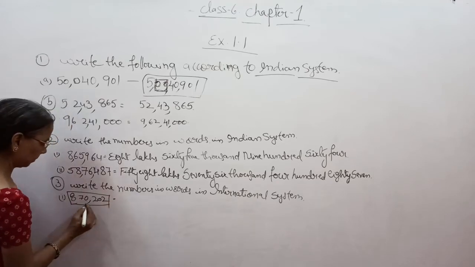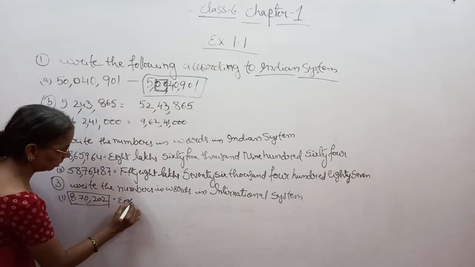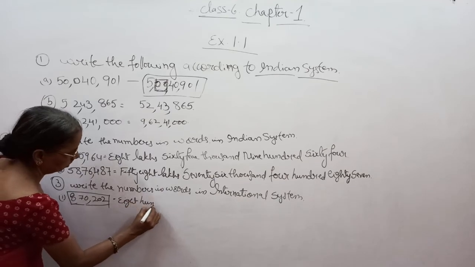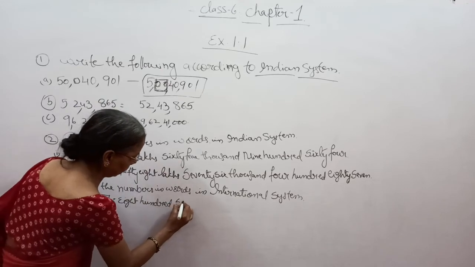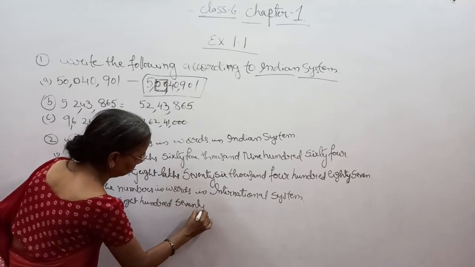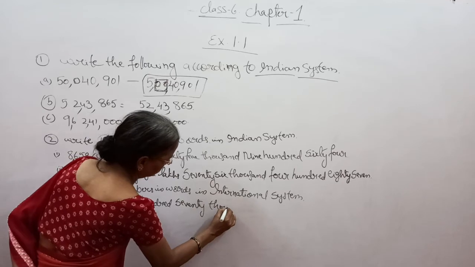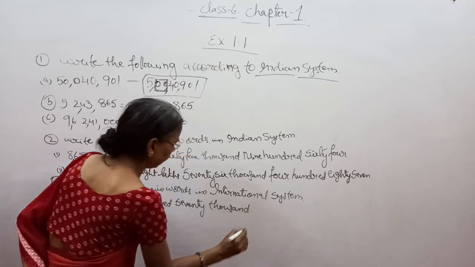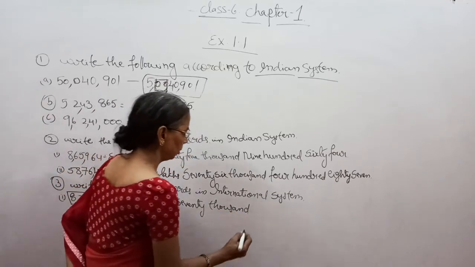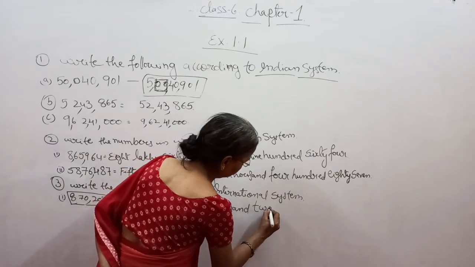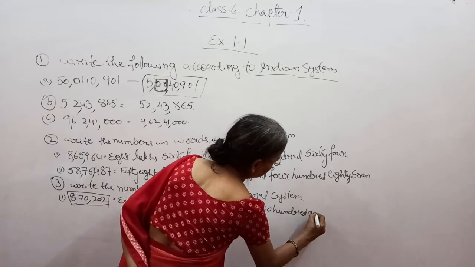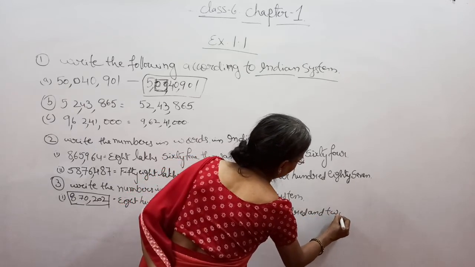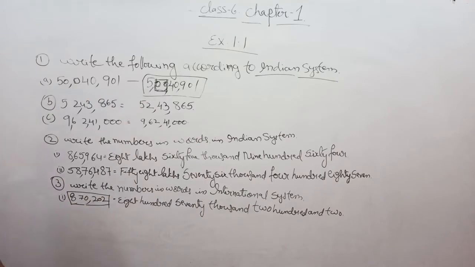That is 870,202, eight hundred seventy thousand two hundred and two. Like this we have to write it in words. That's the next question.